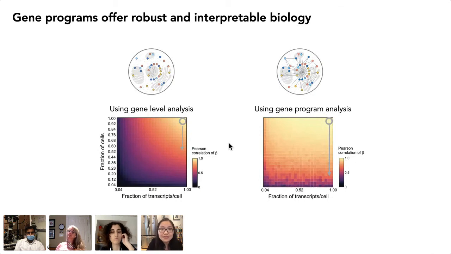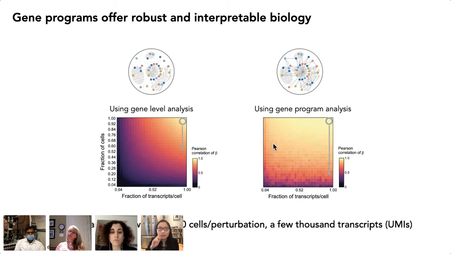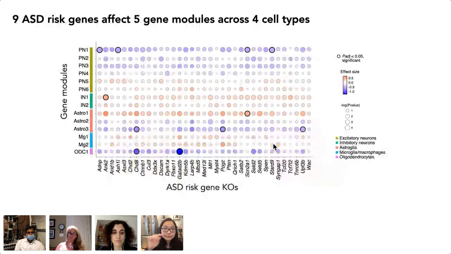And this again shows that gene programs allow us to use much fewer cells, such as about 30 to 50 cells per perturbation, and obtain a very robust readout. Personally, I like gene programs because instead of 1 or 2 genes that we have to read every single paper about and guess what the biological implications are, gene programs are more interpretable and give us more clues about what potentially is going on at a biological level.